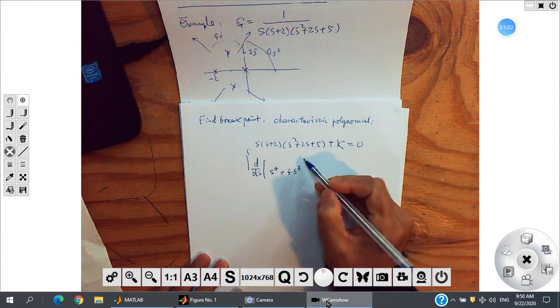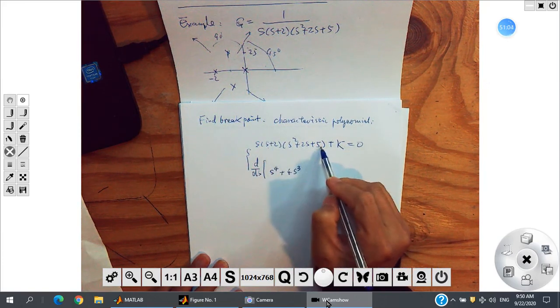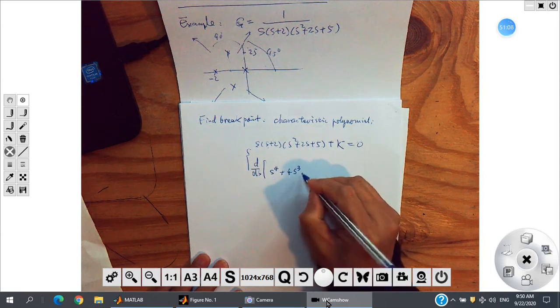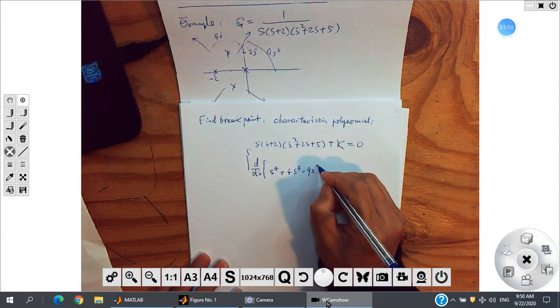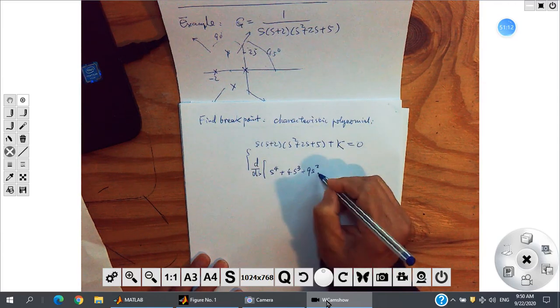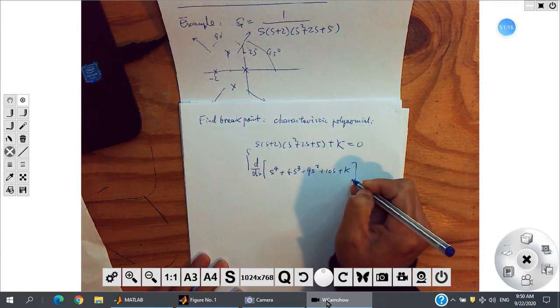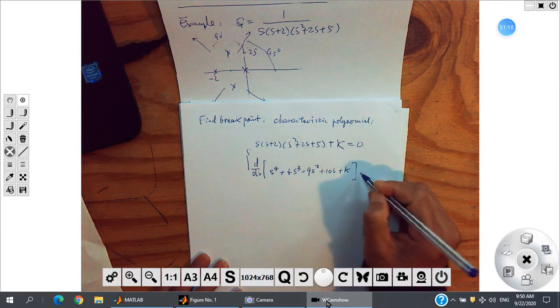The s term: 5, 2 and s, so 5 and 4, I have 9 s squared, and the constant should be 10.